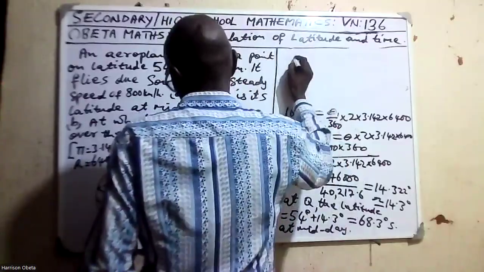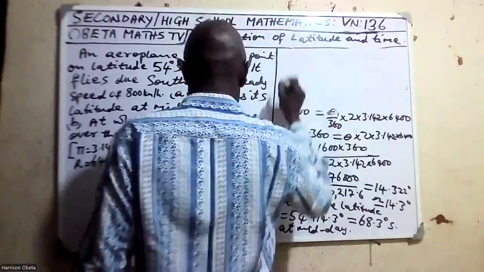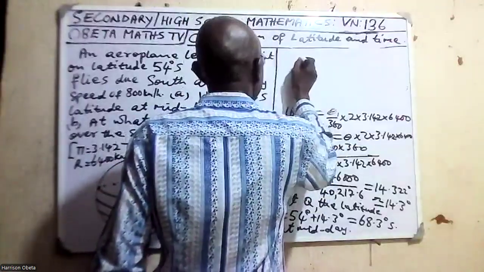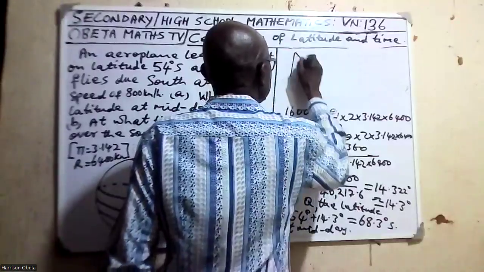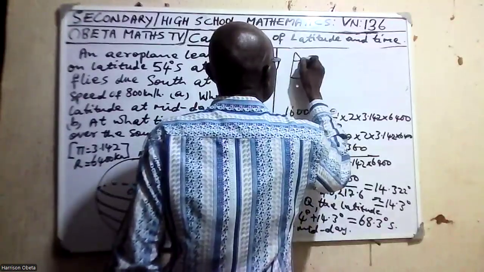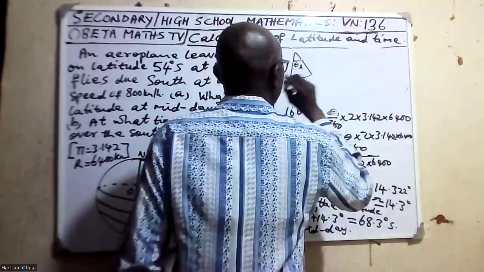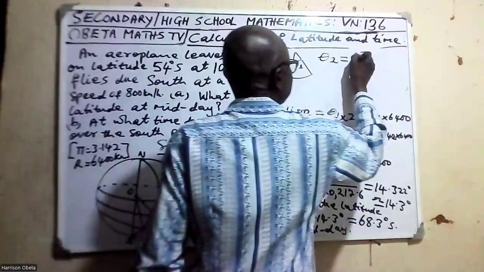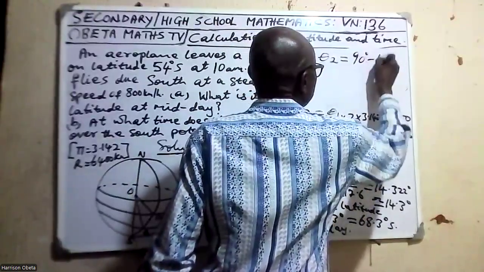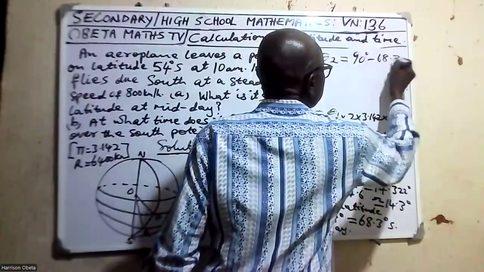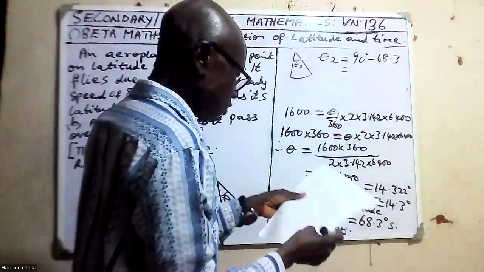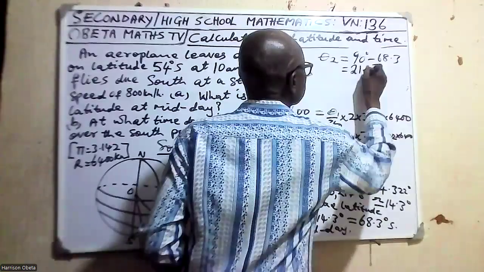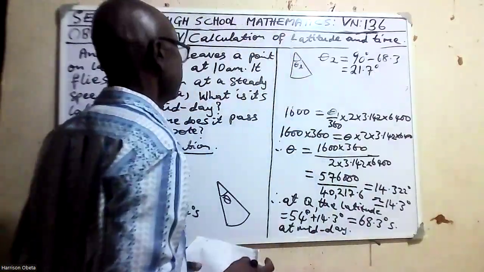Then for question 2 now, this is theta 2, which means that theta 2 will be equal to 90 minus 68.3 degrees. And that will give us 21.7. That is the angular difference.